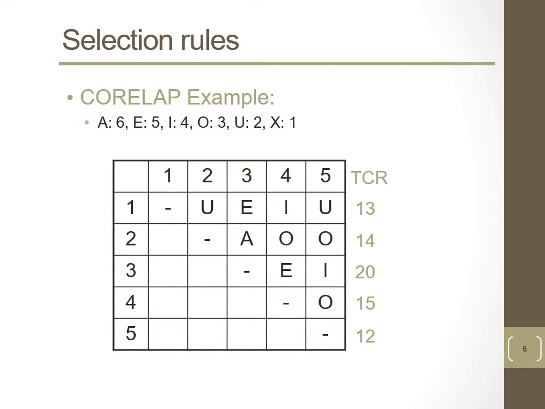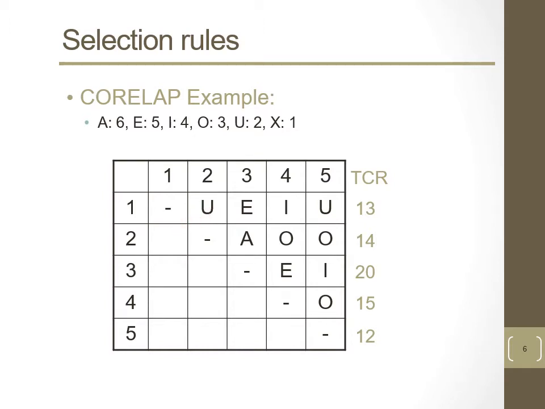For the second department, again we need to calculate the TCR score, but be careful while calculating it. Since this matrix is symmetric, only the upper triangle is given to you, but you need to consider all of it. This cell is empty here, but in fact it is not empty. It is the same as this one since it's symmetric.